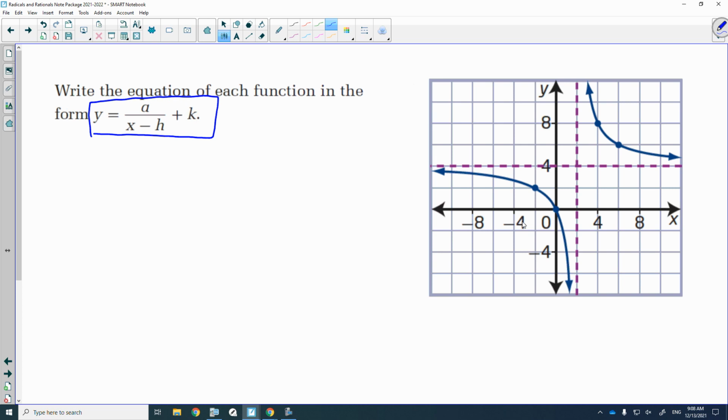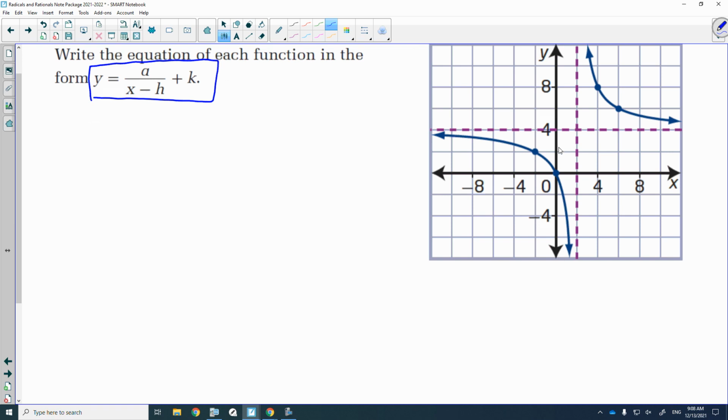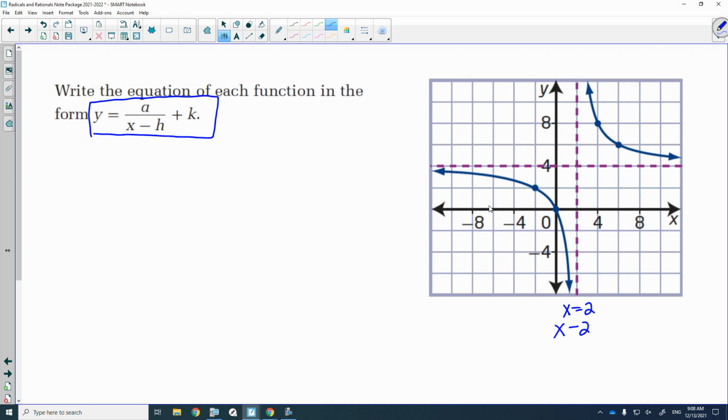Okay, what's happening here is my VA, what's the VA equal to? X is equal to, what would that be? X is equal to 2, right? So the factor that gave you that is x minus 2. So right here, that would be the factor.